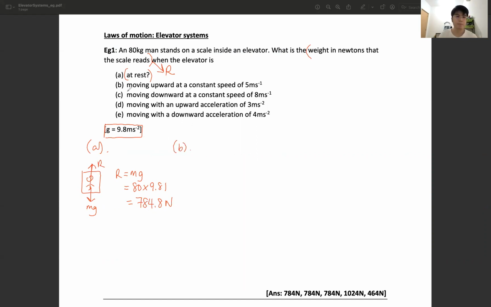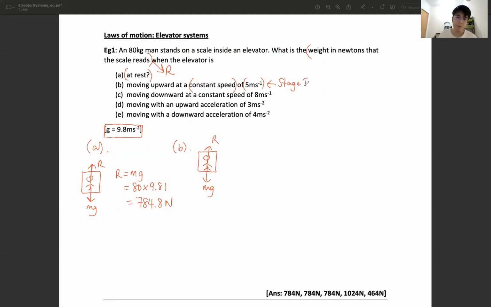B. When the elevator is moving upward at a constant speed of 5. When you see constant speed, then you know the forces must be balanced. R and mg. From just now, this is like stage 1, right?